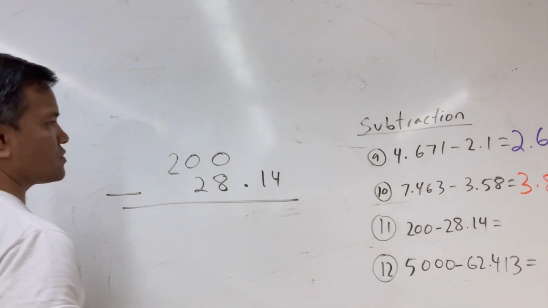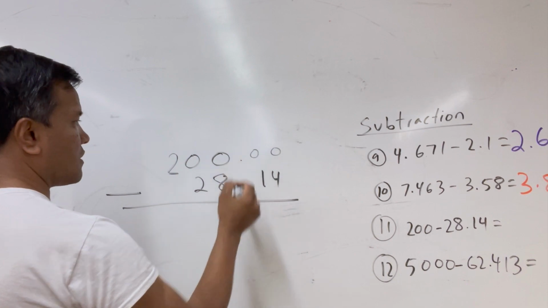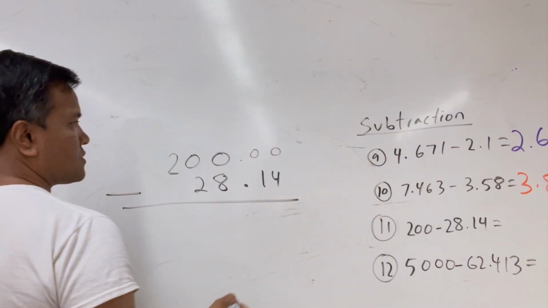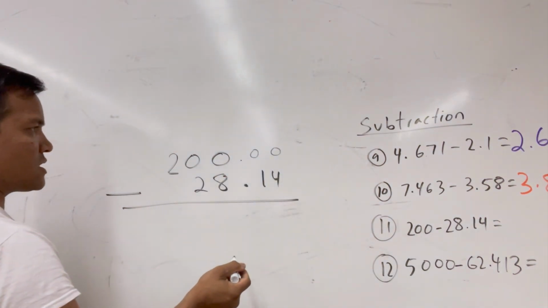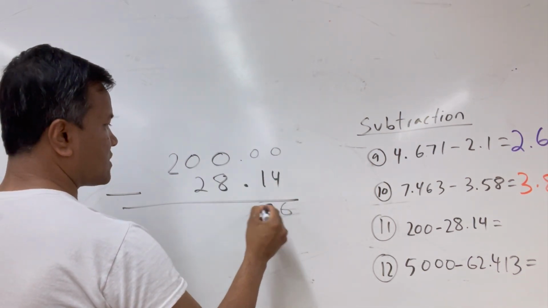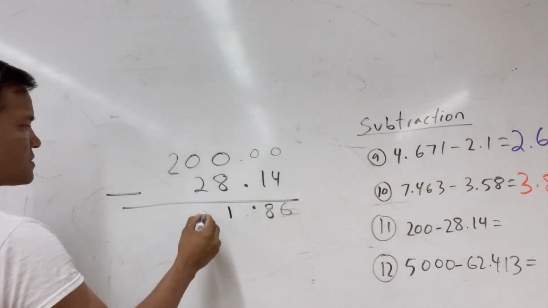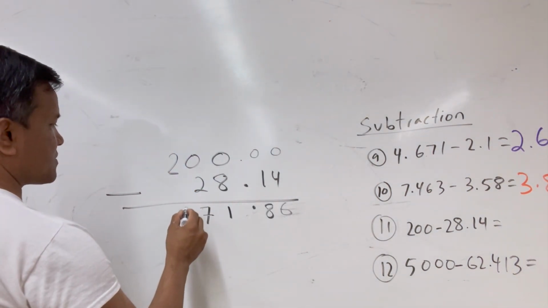Okay. So you can put imaginary zeros over here, just to make your life easy. So 10 for you borrow, traditional way. So 6, this is 9, this is 8, this is 9, so this must be 1, this is 9, this must be 7, and you already borrowed 1, so this must be 1.